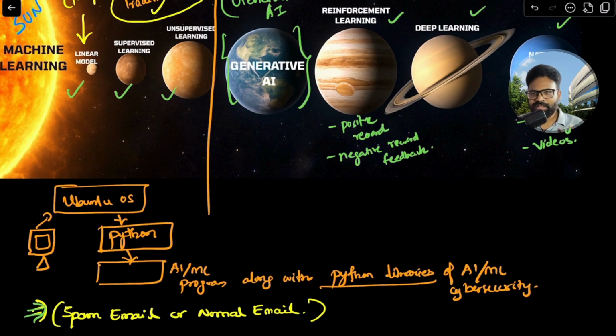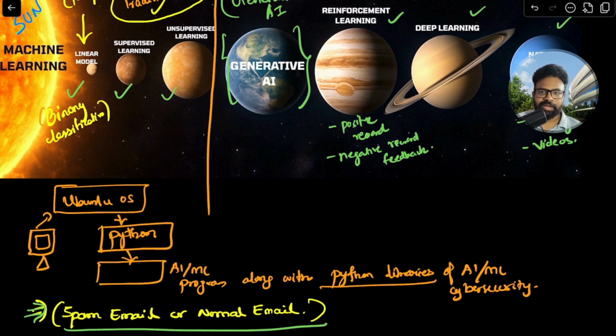So initially when AIML was introduced, you had the linear model, but there is a drawback with using the linear model, because it works on binary classification. So for this particular scenario, identifying a spam email or a normal email, it is advised to use supervised learning. Why?